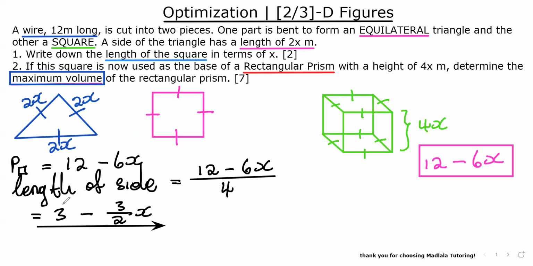Right. So now we understand that 3 minus 3 over 2x is the side of this square, each side of the square. But now they're asking us to calculate the maximum volume, given that the square is the base of this prism.